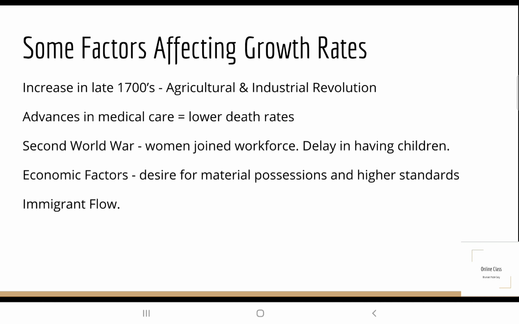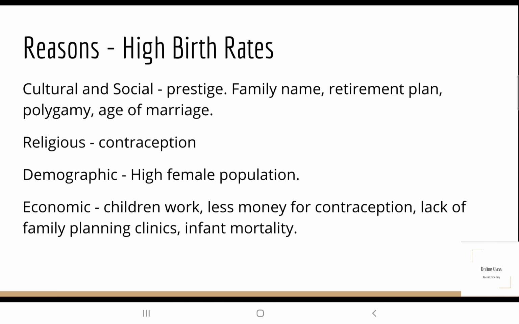Economic factors can also affect the population growth rates. A desire for material possessions and high standards of living can result in a drop in the population growth rates, as people don't put having large families at the top of their priority list. The last factor is immigrant flow. The flow of immigrants and emigrants can also affect growth rates of a population.